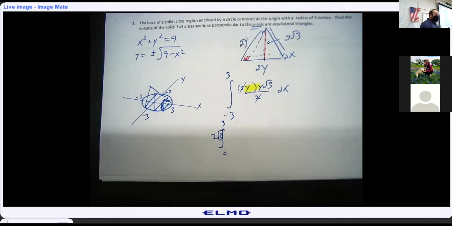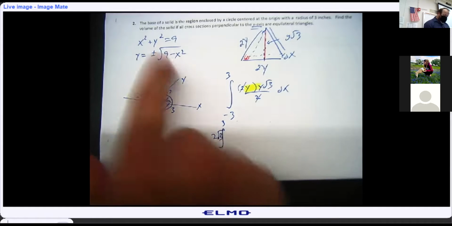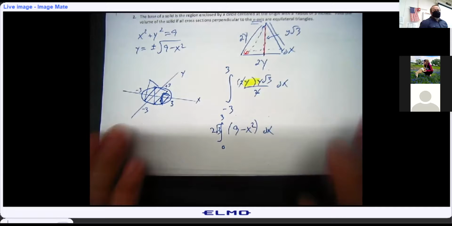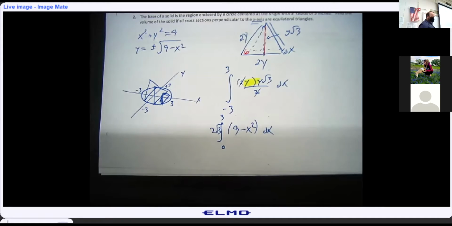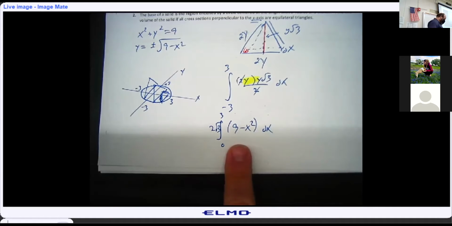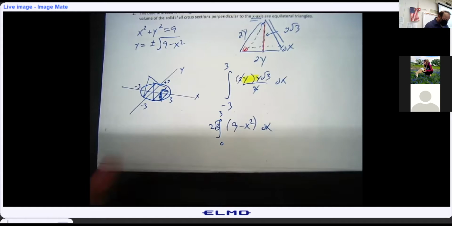But let's look up here. What was y squared? 9 minus x squared dx. Well, have we done a lot harder integrals than that one? We certainly have. This is pretty simple, straightforward stuff right here. As it turns out, if you do this correctly, I think you just get 10/3.